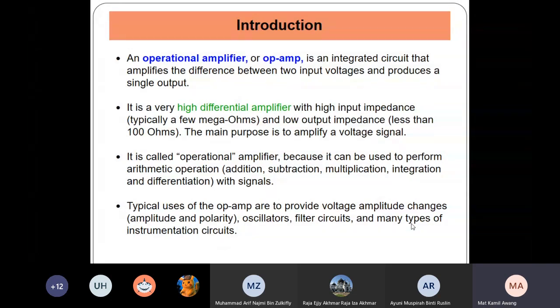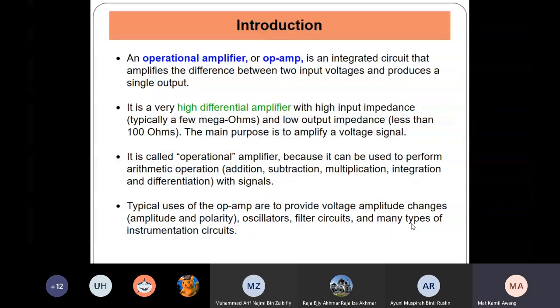So using the operational amplifier, you can add 2 different signals or more, 3, 4, 5 different signals. Or you can subtract the signals, or even multiply. You can do the integration of the signals, and you also can do the differentiation of the signals.